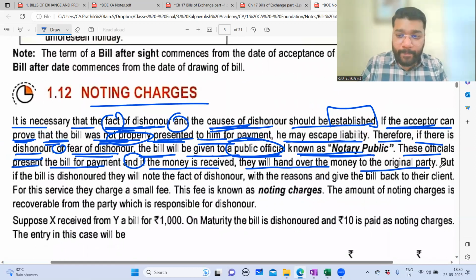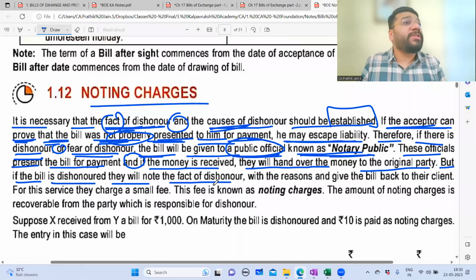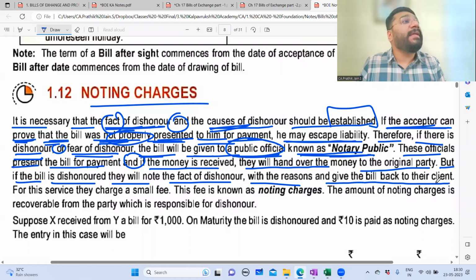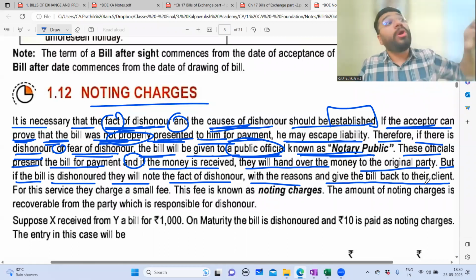But if the bill is dishonored, they will note the fact of dishonor with a reason why the bill is not being honored, and the same will be given back to the client. Client here is who? Seller, or the holder of the bill.